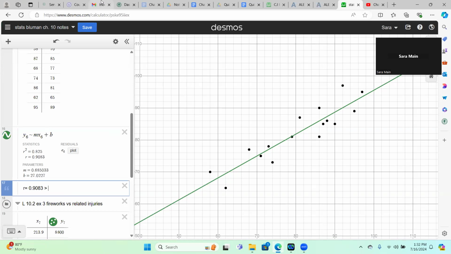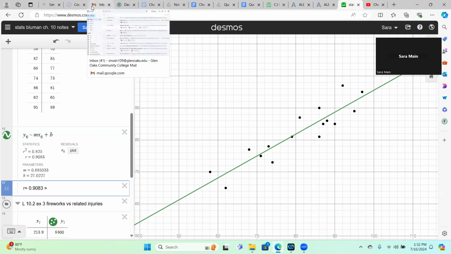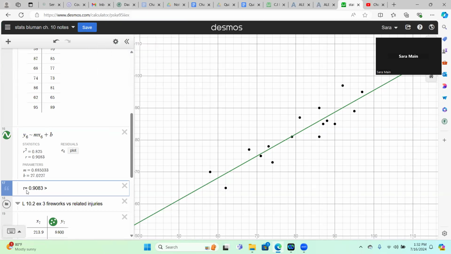p-value table, and there are 16 pairs, so that means degrees of freedom equals 16 minus 2 equals 14. So if we look at 14 under 0.05, it's 0.497.